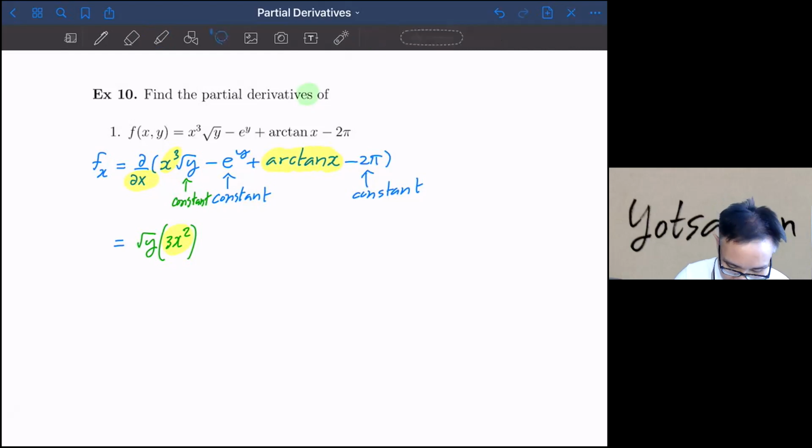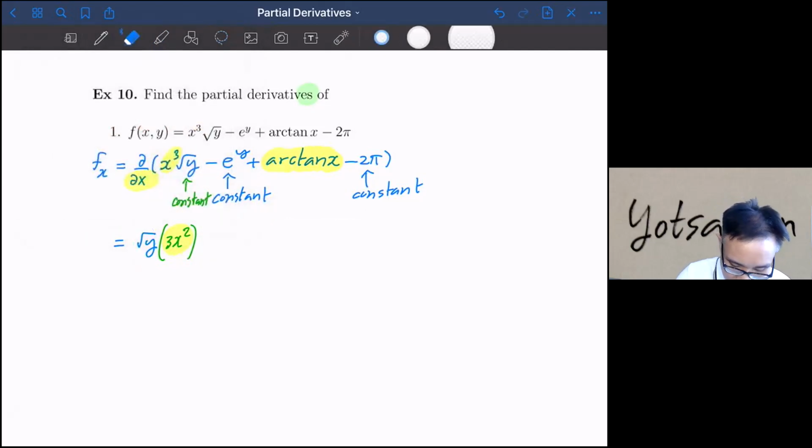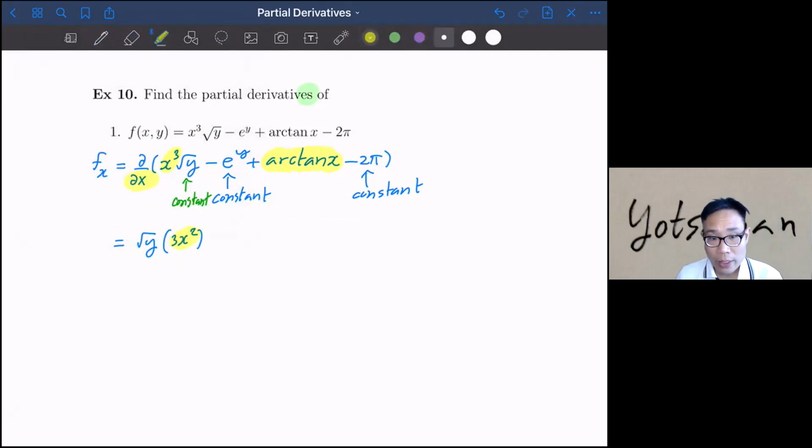Okay, so for that one, let me change this to the correct color also. So it's going to be 3x squared. Okay, and this one is 3x squared. And you differentiate e to the y, you get 0. Okay, so it's going to be minus 0.